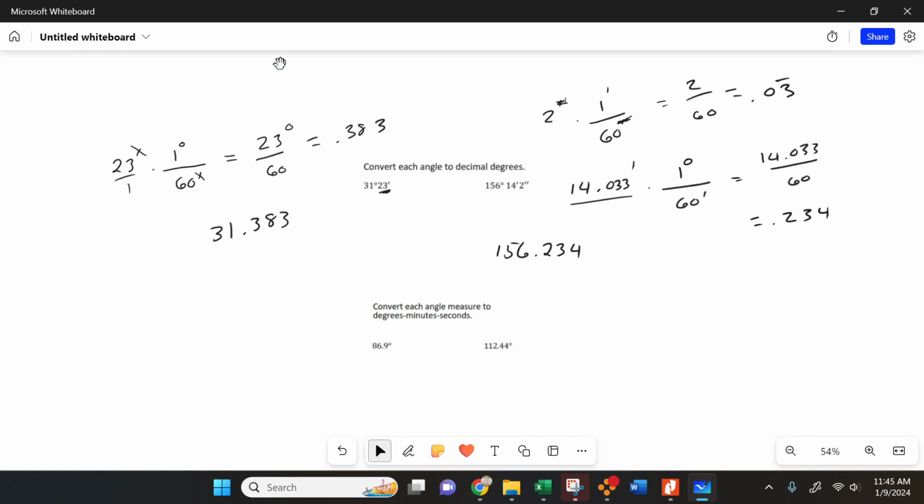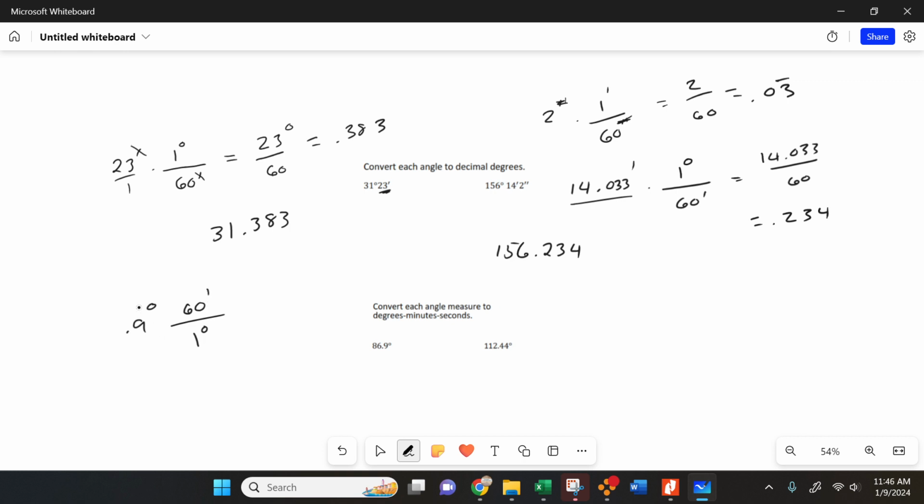Okay, let's do the other way around. Let's take the decimal degree and turn it into degrees, minutes, seconds. So the degrees is done. That's 86. What I have to worry about is the minutes. So I'm going to take 0.9. Actually, it's 0.9 degrees. Sorry. Now, 1 degree is 60 minutes.